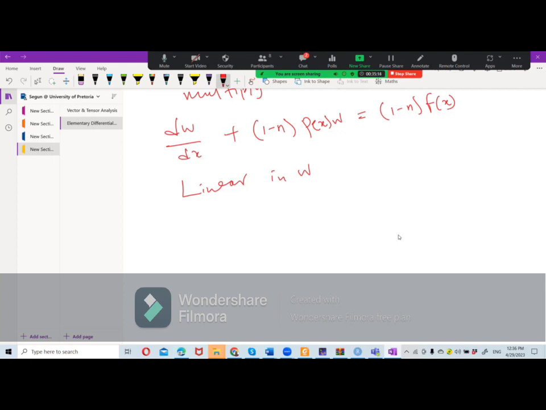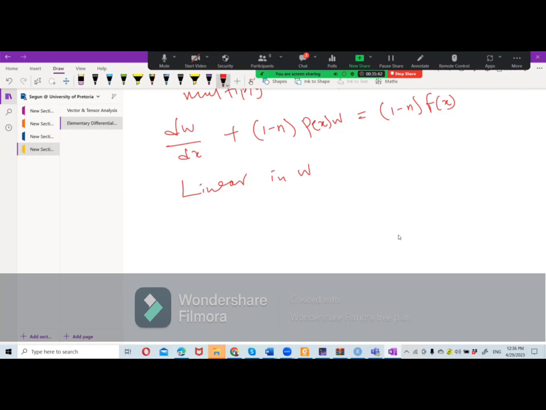We can solve for w and substitute to get our answer at the end of the day. So that is one of the things this can give us. But let's look at the example of this problem. How do we solve it?